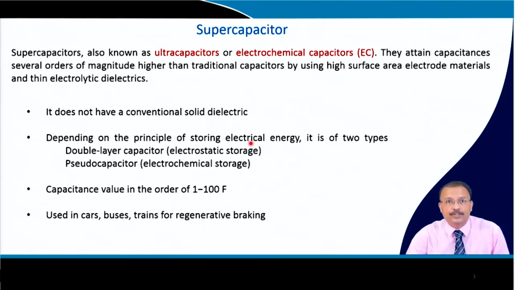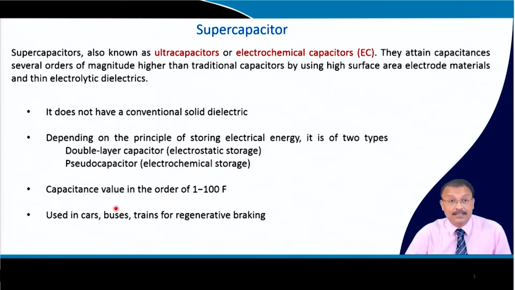So, based on this principle of charge storage, we will differentiate between the double layer capacitor, which stores the charge electrostatically, and a second variety which is a bit difficult to understand. You will see why I am saying that. That is known as pseudocapacitors, and in many instances they are somewhat similar to battery type material. So, I will differentiate that.